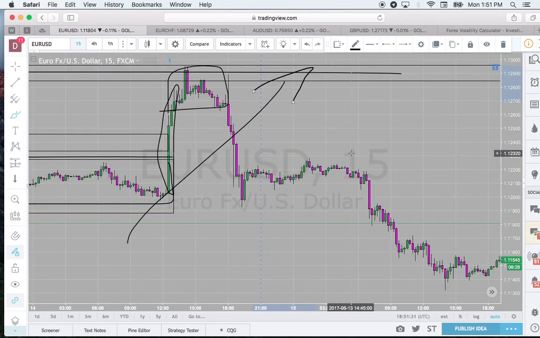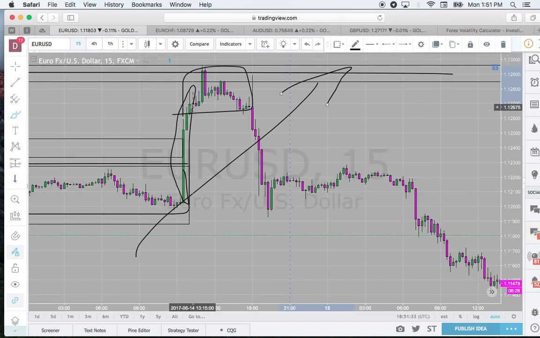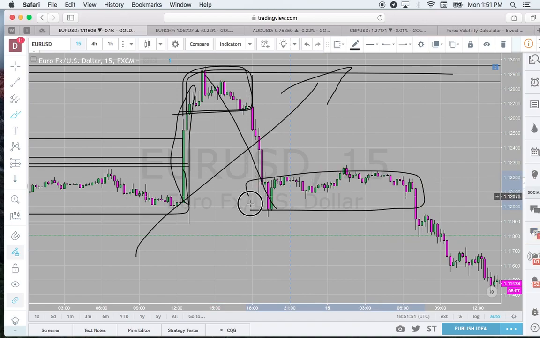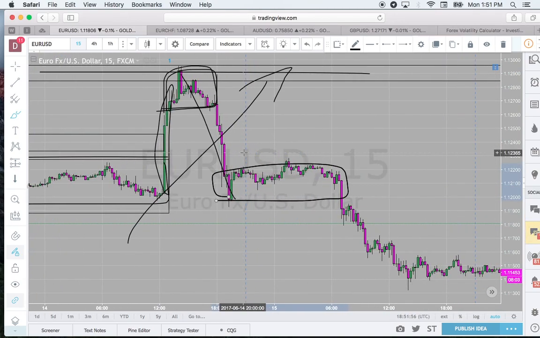What happens? Buyers start accumulating in this zone. More buyers accumulate than sellers. What must happen? The dealer must go down and accumulate sell orders to balance out the buyers here. Right? Does that make any sense?